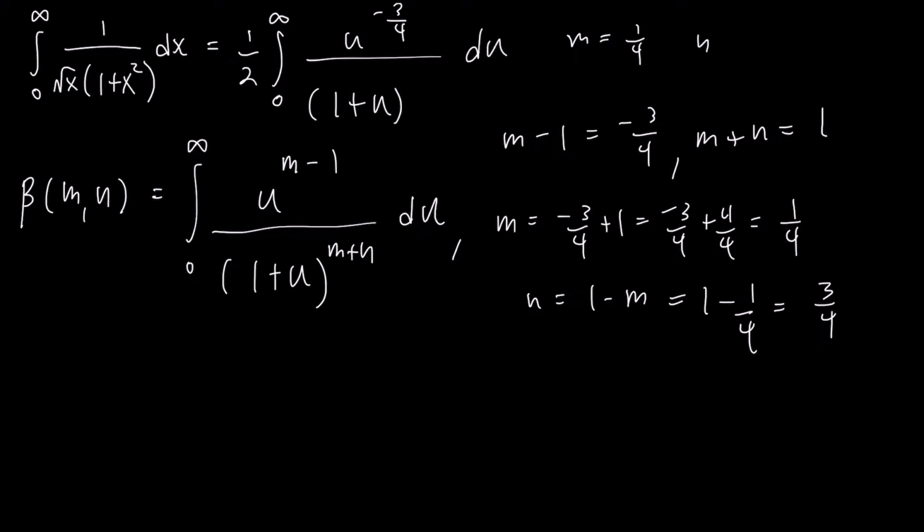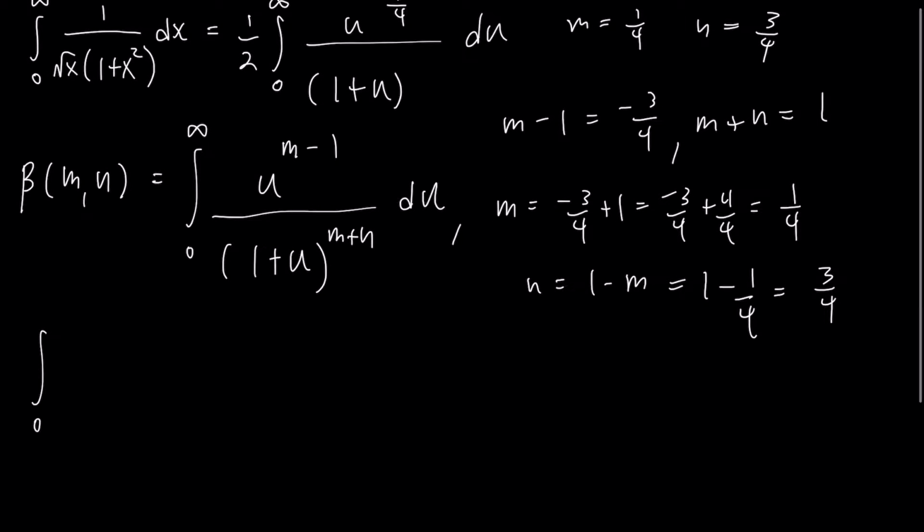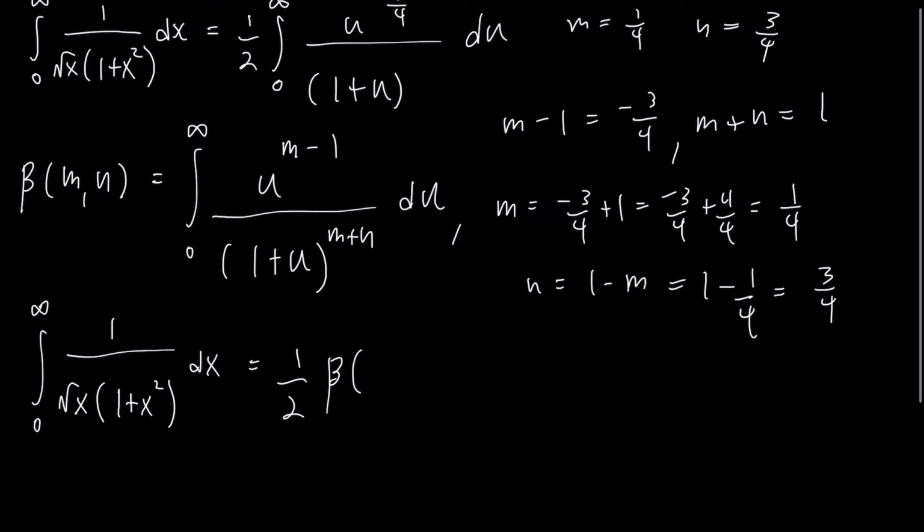So n is equal to 3/4. Our original integral from 0 to infinity of 1 divided by the square root of x times 1 plus x squared dx is 1/2 beta of m comma n, that is, beta of 1/4 and 3/4.